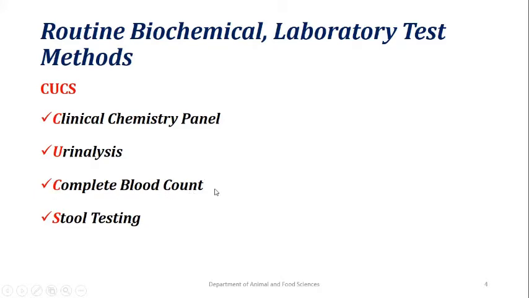Blood has red blood cells, white blood cells, and platelets. Then the changes of these amounts could represent nutritional status of individuals. Okay, then we do complete blood count as a routine biochemical laboratory test.